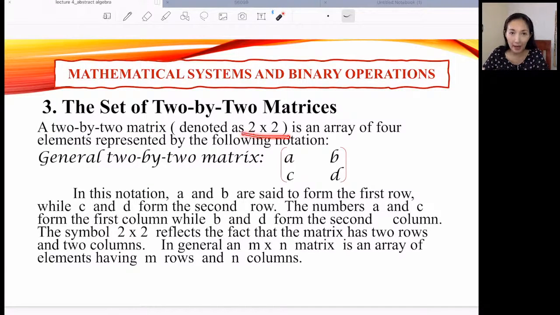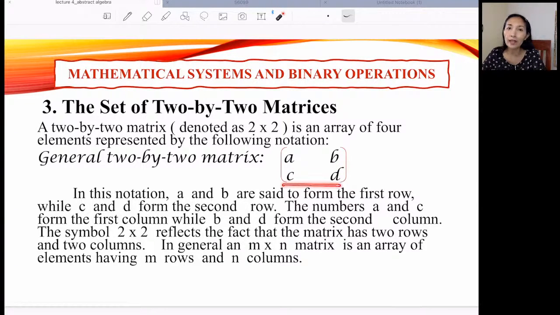It's an array of 4 elements represented by this notation. A, B are the first row entries, and C, D are the second row entries. So, how many rows do we have? 2 rows. The first row has the elements A, B, and the second row has the elements C, D.